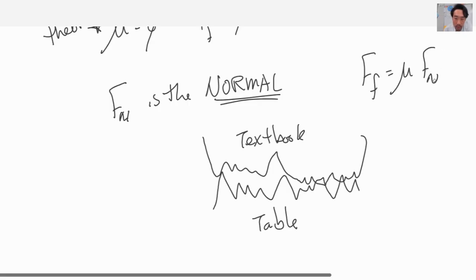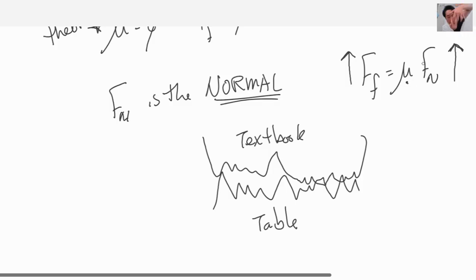If you force the surfaces to interlock by pushing the two objects into each other, your F of n will increase. If your F of n increases, your force of friction will increase, and we're not changing the mu there. So they're directly proportional to each other.